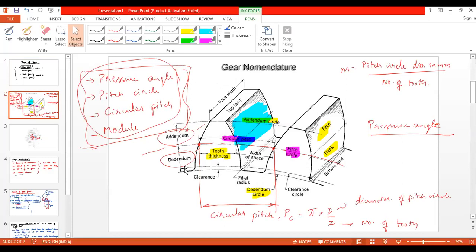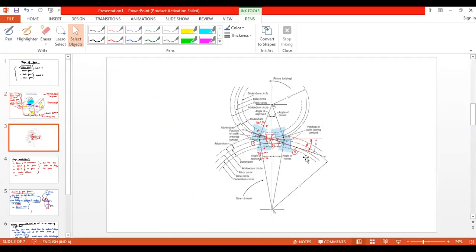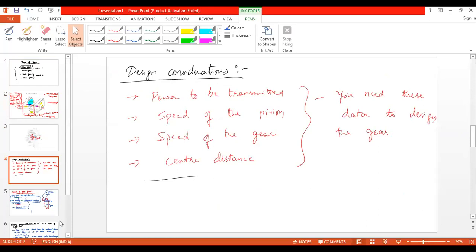We discussed some of the important parameters required to design the gear, such as pressure angle, module and pitch circle, and what design considerations we need to make. These are the 4 design considerations required to design the gear.